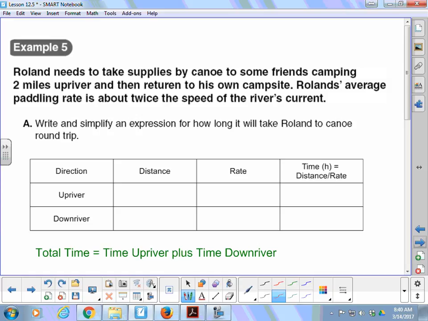Roland needs to take supplies by canoe to some friends camping 2 miles upriver and return to his campsite. Roland's average paddling rate is about twice the speed of the river's current. So we are working here with distance equals rate times time.